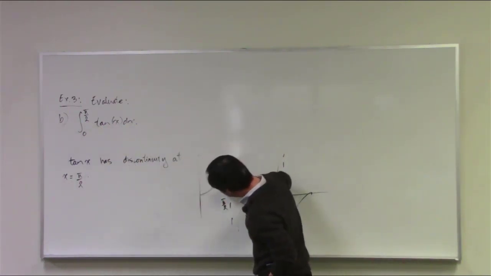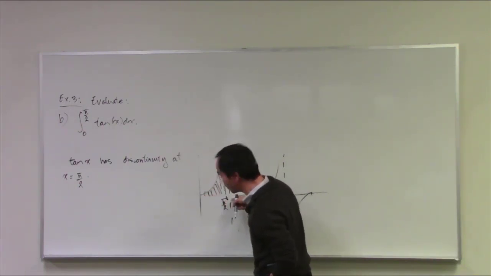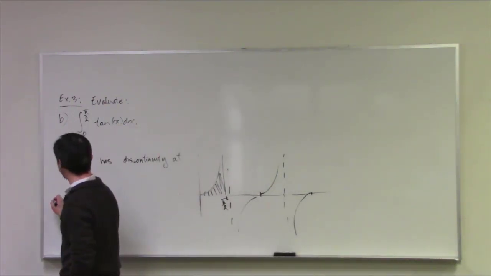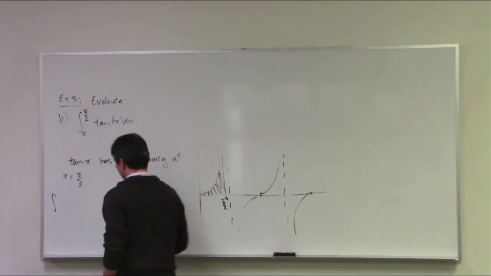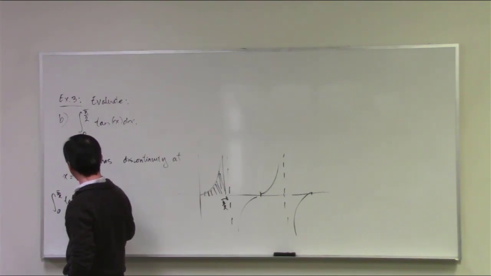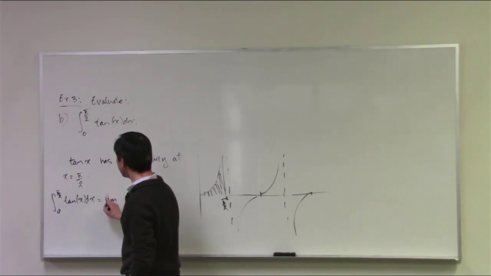This is why you see things where we create an arbitrary area from 0 to some t, but letting t get close to pi over 2. Now realizing that, we're using our integral as follows. That's the integral from 0 to pi over 2 of tangent of x. Really, this is just the way we see that, but truly behind the scenes, it's defined to be the limit, letting t get close to pi over 2.